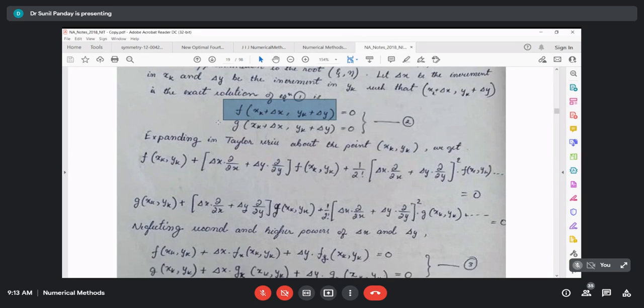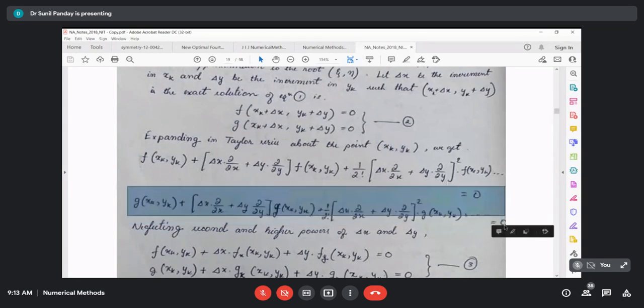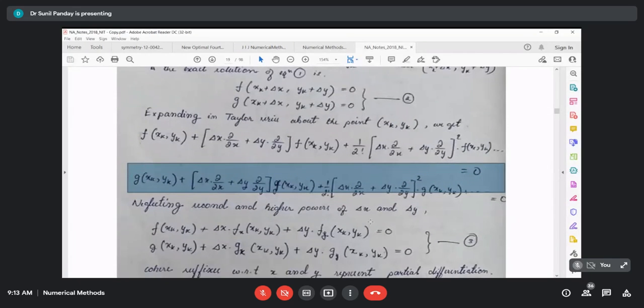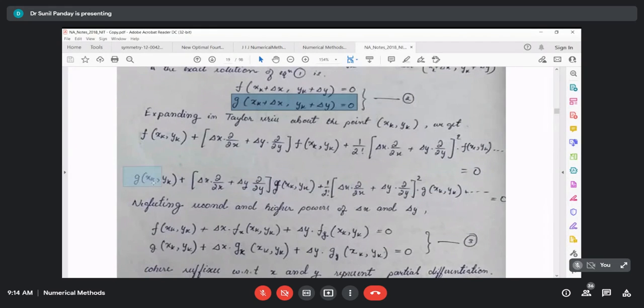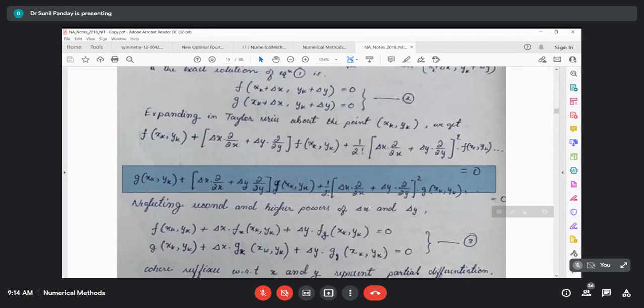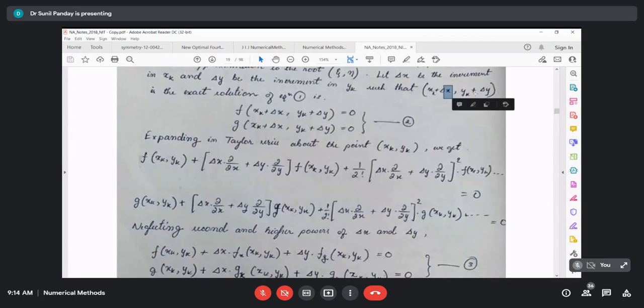Similarly, we expand the other function g also about the point xk, yk, and we get its two-dimensional Taylor series expansion. Because delta x and delta y are the errors and we assume they are very small, maybe delta x is like 10 raised to power minus 10, its square is 10 raised to power minus 20.